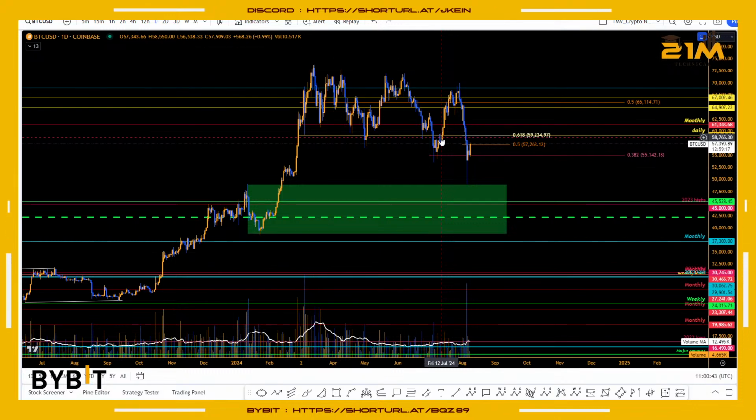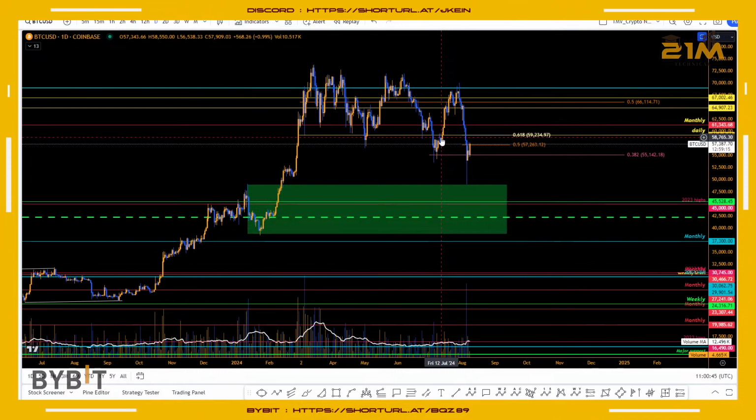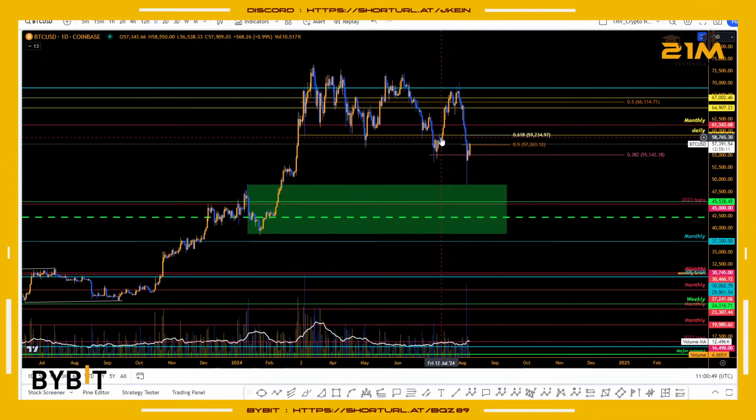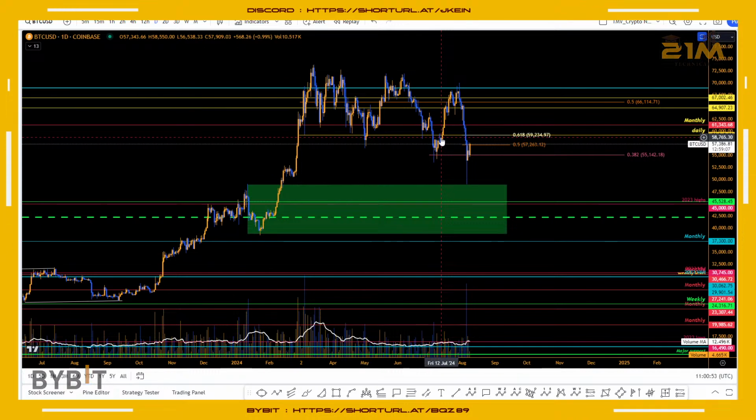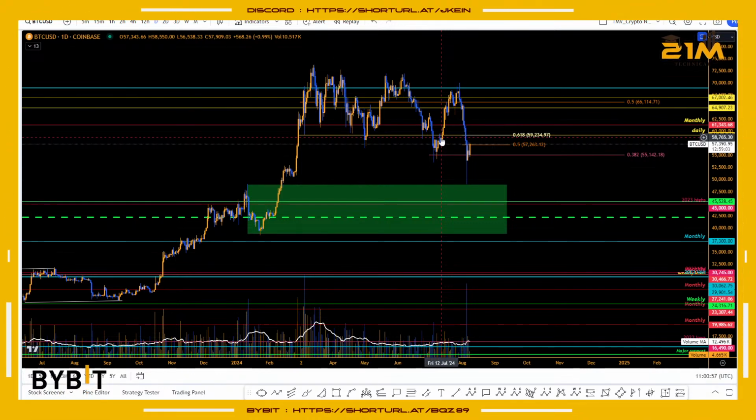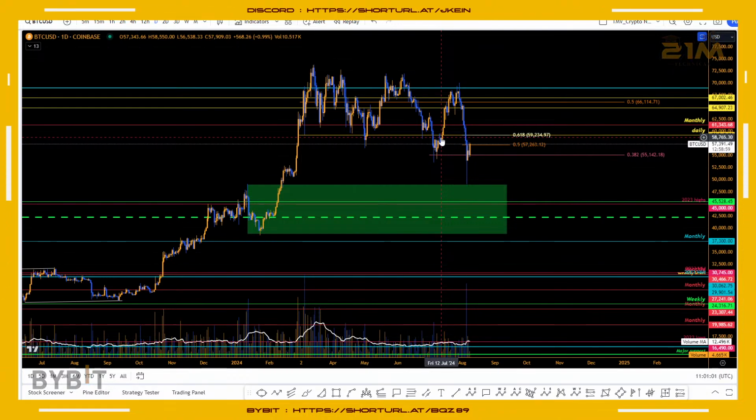So right now at this point, the bull counts are valid, which means it can still pump up to $80,000. If we can still go to $80,000, it doesn't make sense for us to short or to sell our spot holdings.